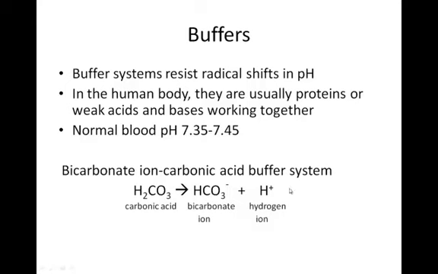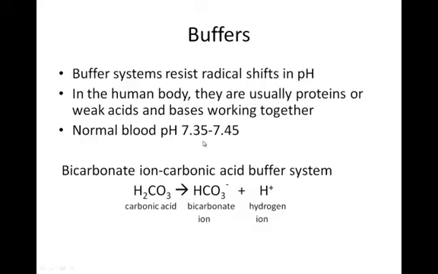So if we have too many hydrogen ions, that's going to make our pH low, right? Luckily we have this bicarbonate ion floating around, and it can accept those hydrogen ions. So that's what it does. This bicarbonate ion will bind up those hydrogen ions, and it will make carbonic acid.